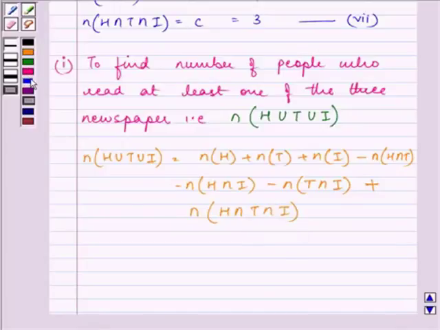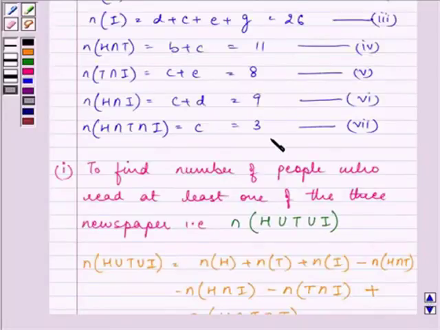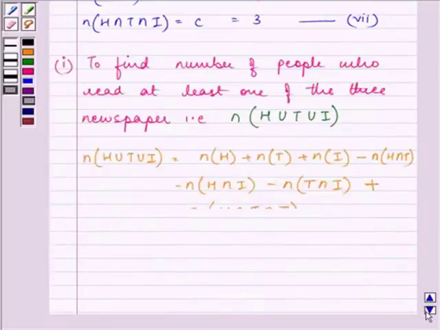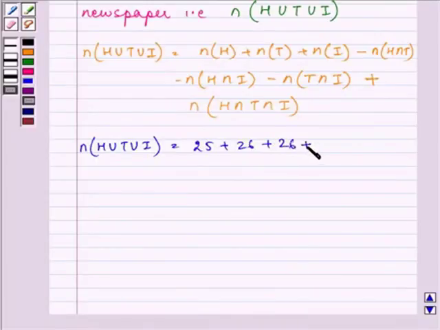So we'll just plug in the values that we have from above, and on doing so, H union T union I will give us 25 plus 26 plus 26.